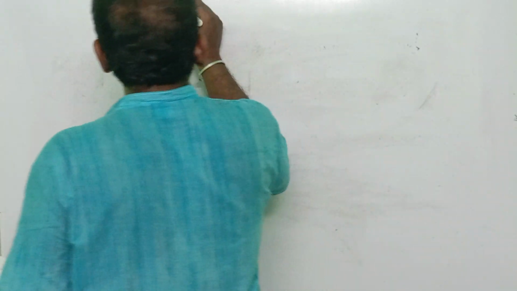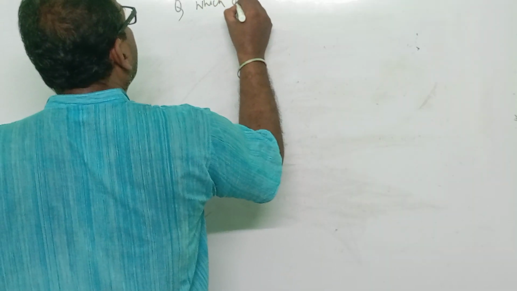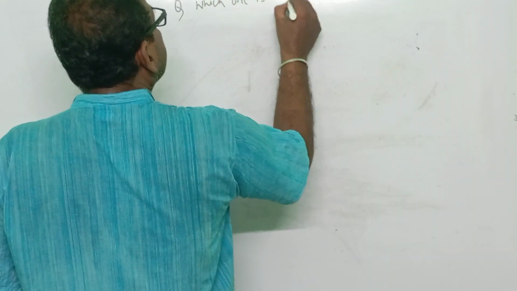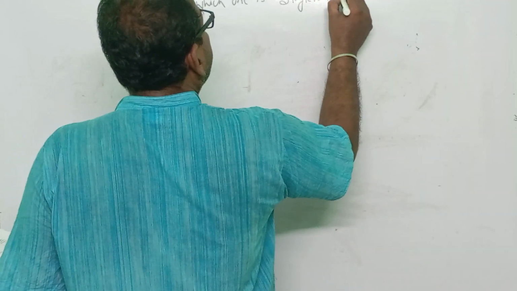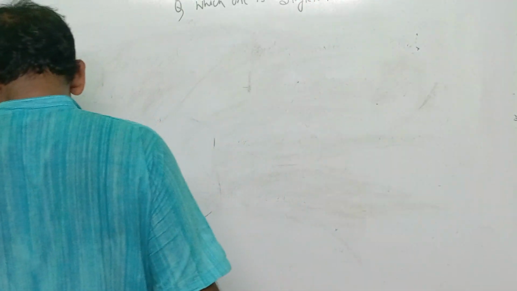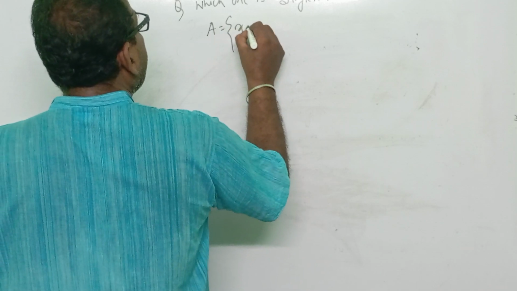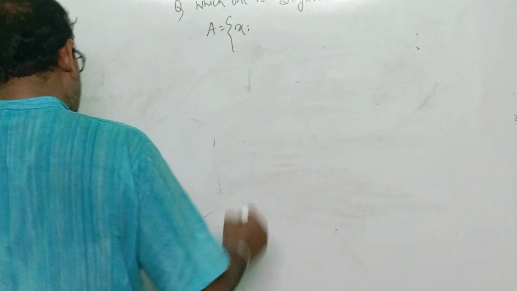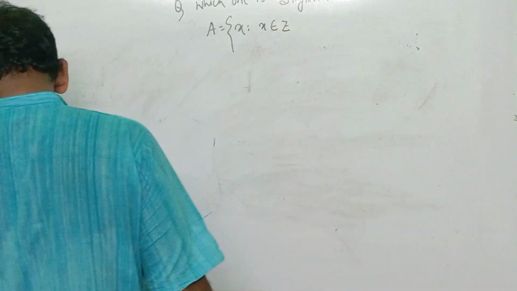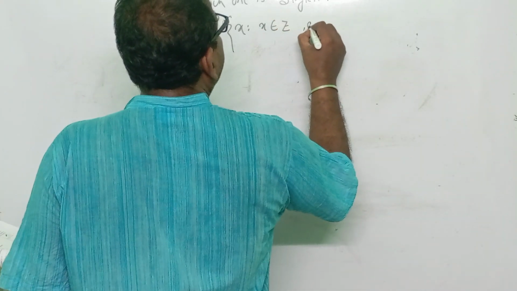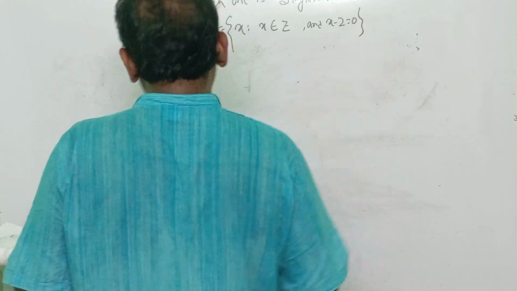Now the question: which one is a singleton set? Two sets are given. A is a set where x is an element, where x belongs to Z and x minus 2 is equal to 0.